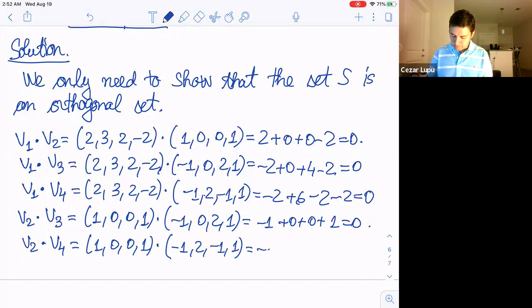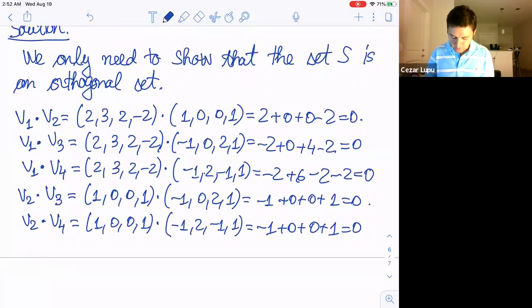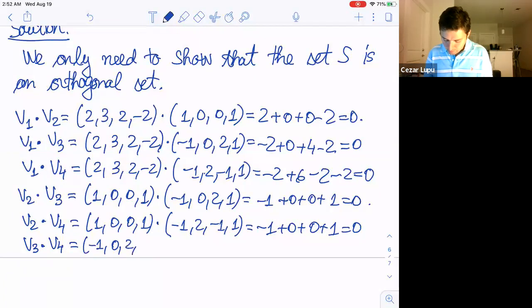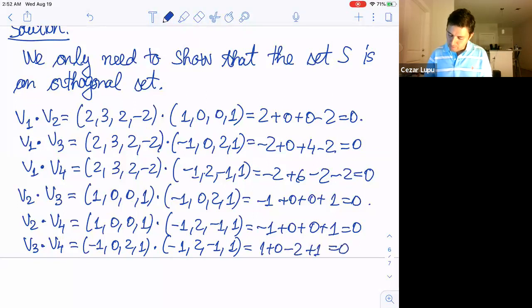This will be negative 1 plus 0 plus 0 plus 1, which gives us 0. And finally, the last one will be v3 dot v4, which is (-1, 0, 2, 1) dot (-1, 2, -1, 1). This will be 1 plus 0 minus 2 plus 1, which is 0. Phew. Great.